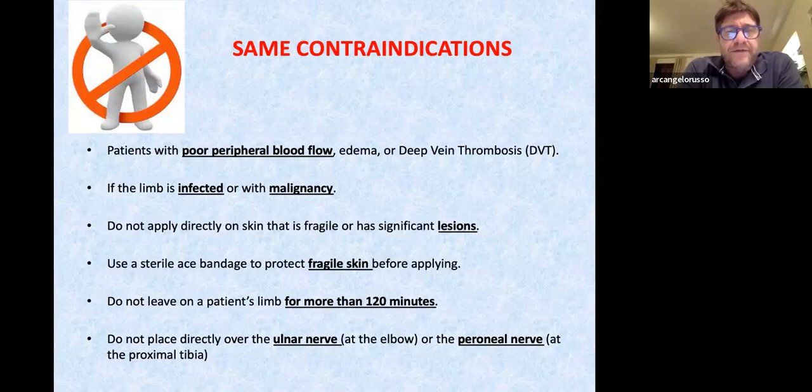For fragile skin, using a sterile lace bandage is much better. Do not leave on the patient's limb for more than 2 hours. We know, but sometimes we can go over. And do not place directly over the ulnar nerve at the elbow or the peroneal nerve at the proximal tibia.